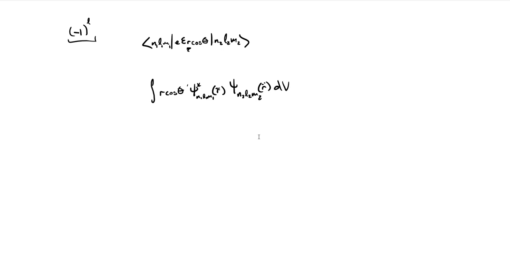If the L is the same, if L is 1 and 1, then we have two odd functions multiplied together, which would be even. If L is both even, they're going to be even. Because of this term, which is odd, whenever L is the same, this integral is going to be odd, and it's going to go to 0.